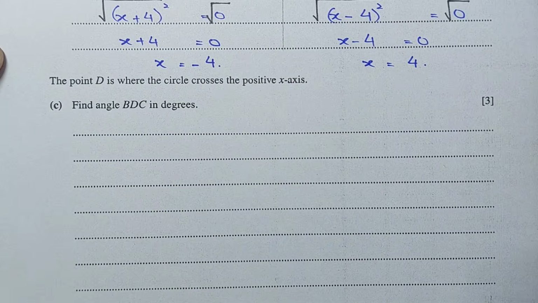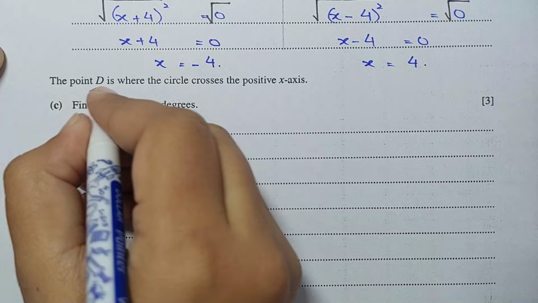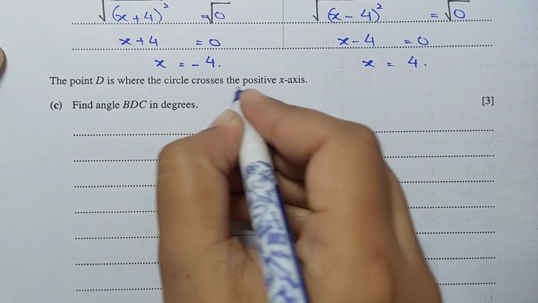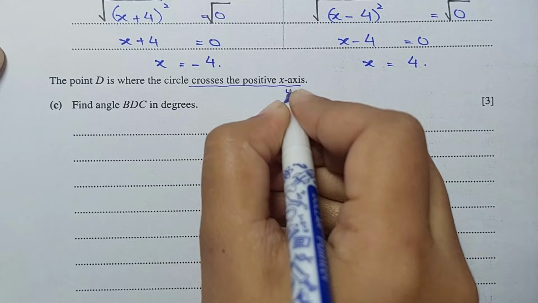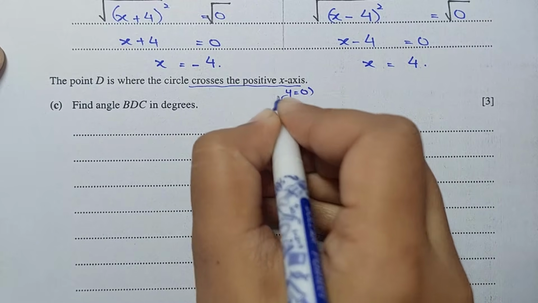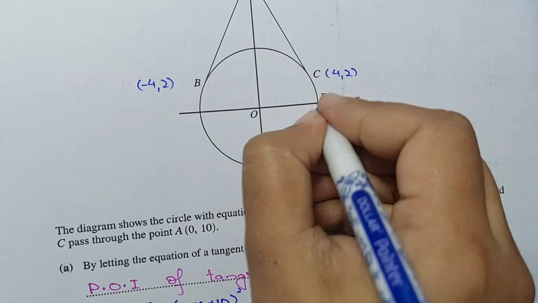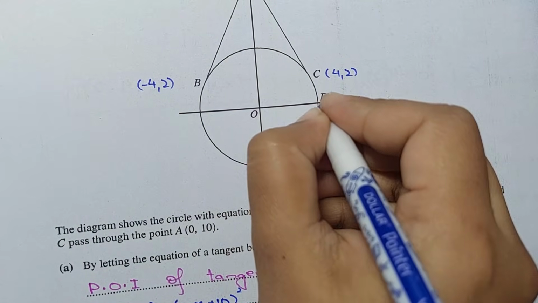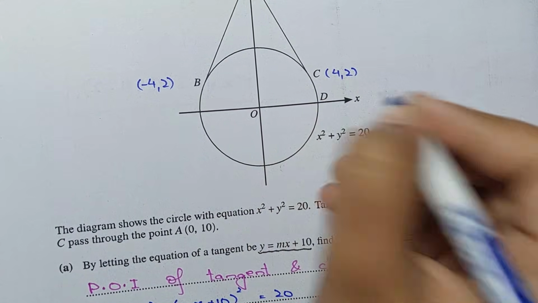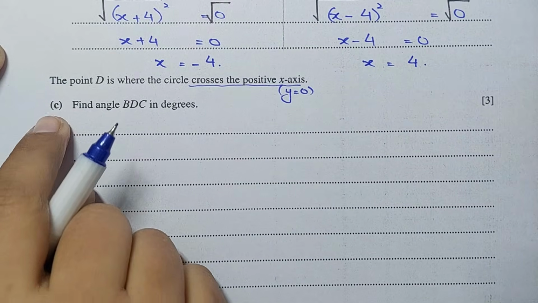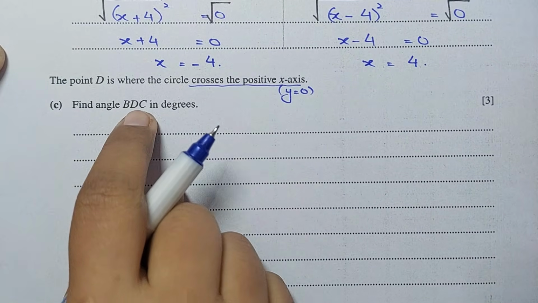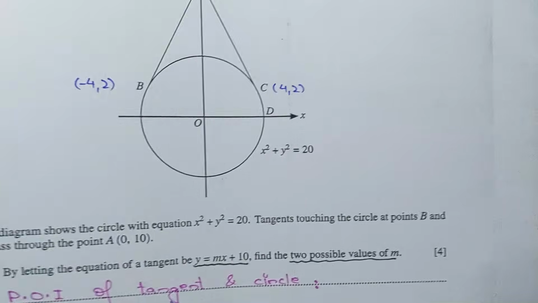All right. Now, the point D is where the circle crosses the positive x-axis. When the circle crosses the positive x-axis, its y component should be equal to 0. Let me show you the point D. X should be some positive value and y is equal to 0. Part C: find the angle BDC in degrees.